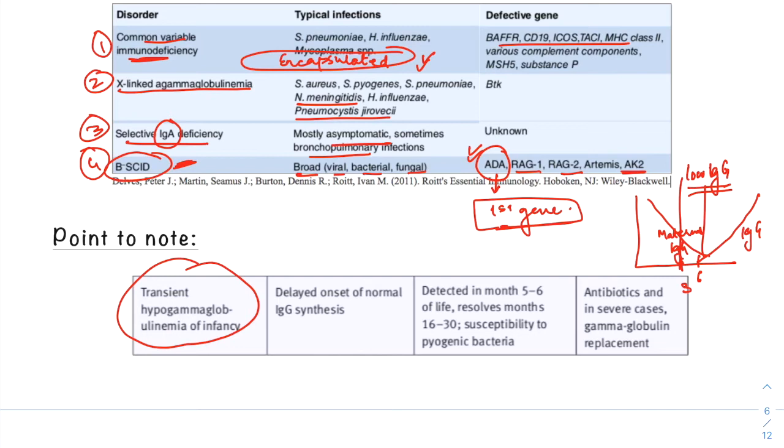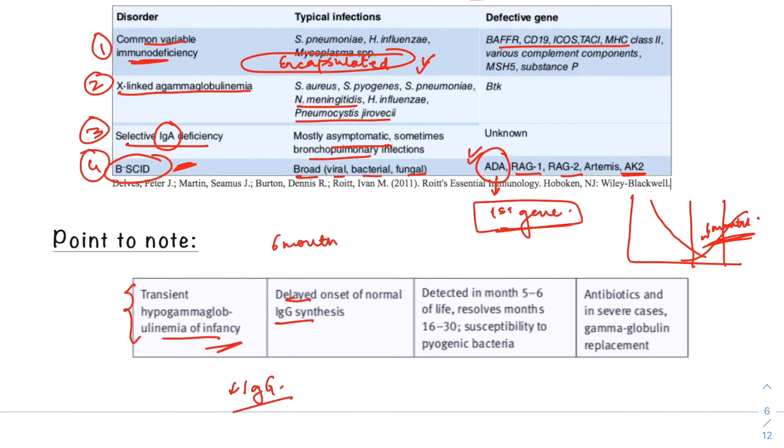But if there is prolongation of this low level of IgG period beyond the normal 3 to 6 months, then it is called transient hypogammaglobulinemia. This is actually the delayed onset of the normal IgG synthesis. According to the European Society for Immunodeficiencies, it resolves by 4 years of age.